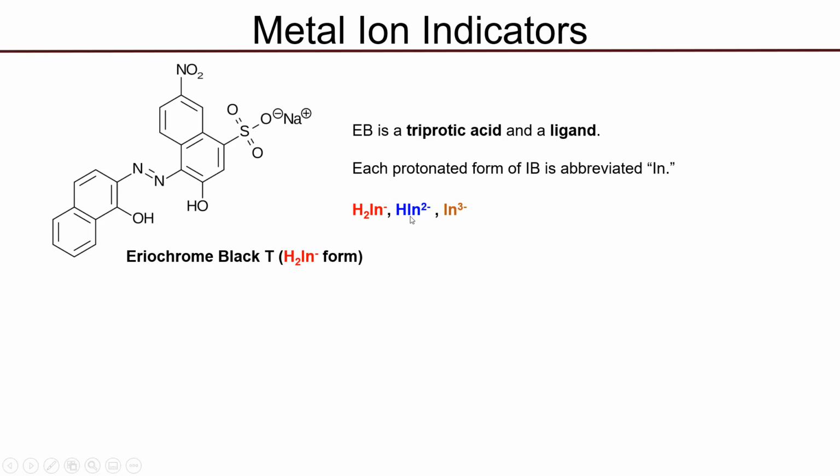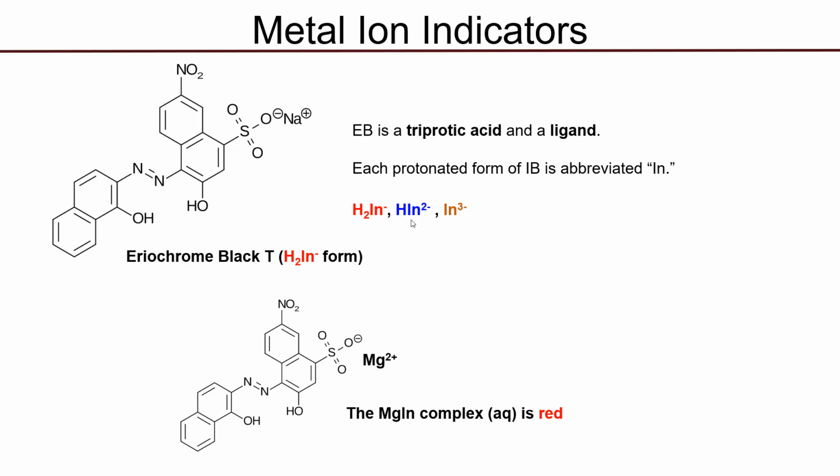Which Eriochrome Black T species we see in solution, of course, depends on the pH of the reaction mixture for the titration. The pKa of the deprotonation between the H2IN- species and the HIN2- species is 6.3. The pKa of the deprotonation between HIN2- and IN3- is 11.6.